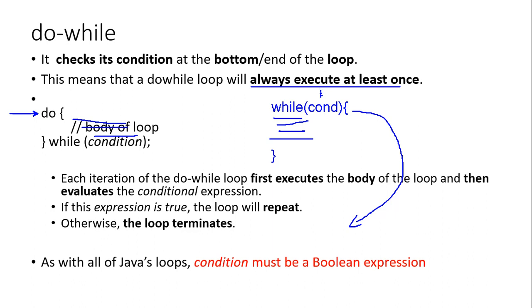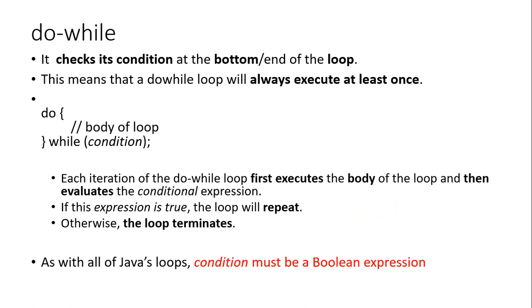So there is a chance that in the while loop, the body of the loop may not be executed even once, whereas that does not happen here. Even if this condition happens to be false, the body of the loop will be executed at least once. That is why this is called a post-tested or exit-tested control.